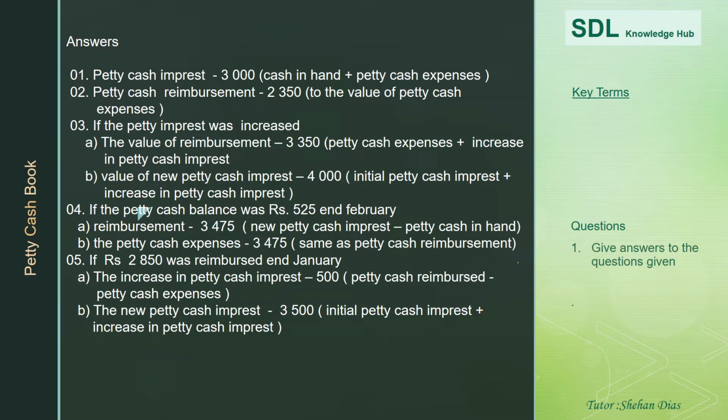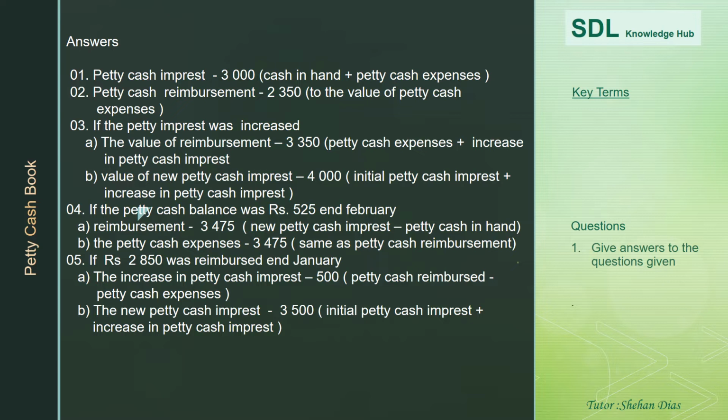The first question is to find the petty cash imprest. The petty cash imprest will equal cash in hand plus the petty cash expenses. Cash in hand is 650, petty cash expenses 2350. So the petty cash imprest will be 3000. Question number 2 is what is the petty cash reimbursement?